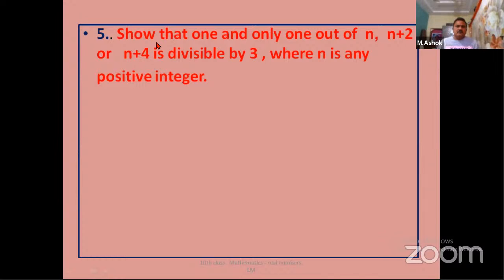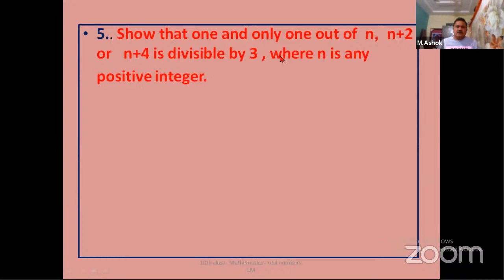Show that one and only one out of n, n plus 2 or n plus 4 is divisible by 3, where n is any positive integer.